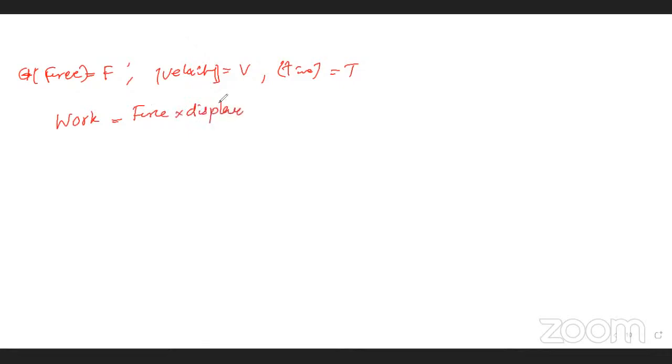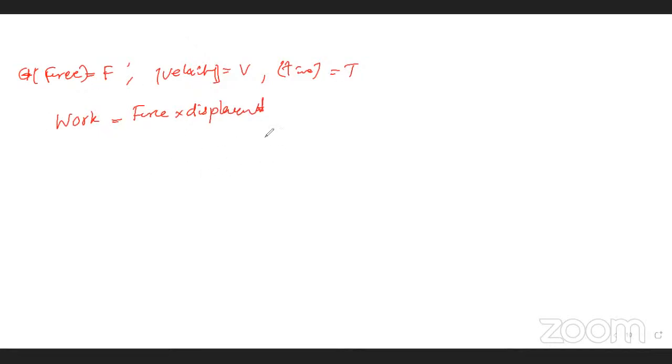Force, velocity, and time are given as the fundamental ones. Velocity has dimension V, force has dimension F, and there is time. Now, how do we write work? Work is force multiplied by distance. Now we need to write this work in terms of force, velocity, and time.